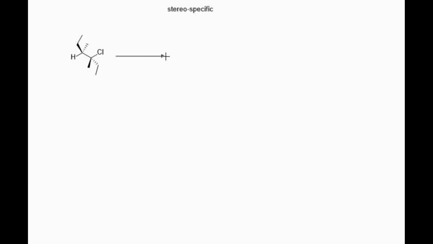So for E2 elimination we need to have a strong base. So let me just add a strong base, which is in this case NaOEt, sodium ethoxide. So we have this substrate and we are adding sodium ethoxide, which is a strong base.